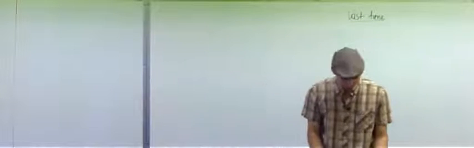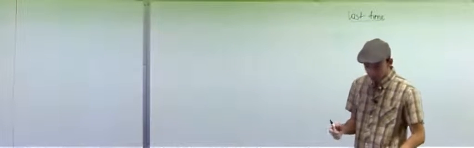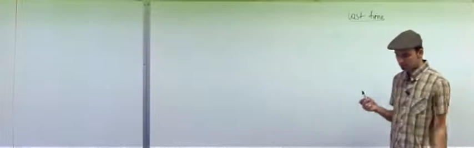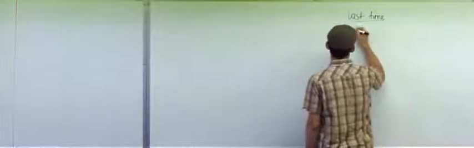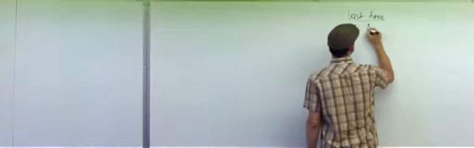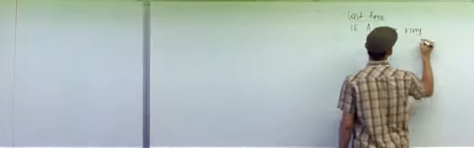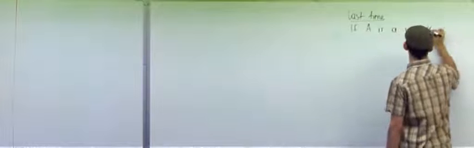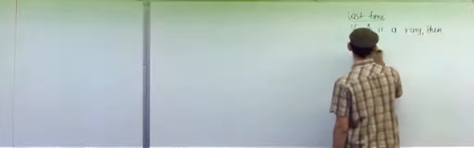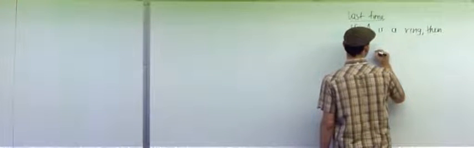The last thing that I was trying to argue was this: if A is a ring, then you have a multiplication in the ring.